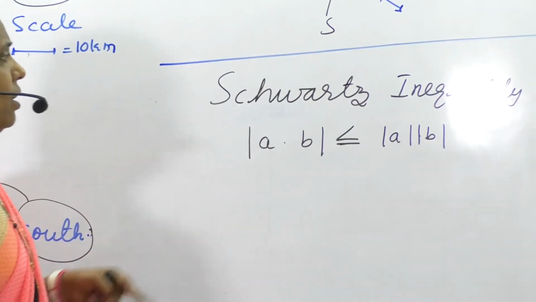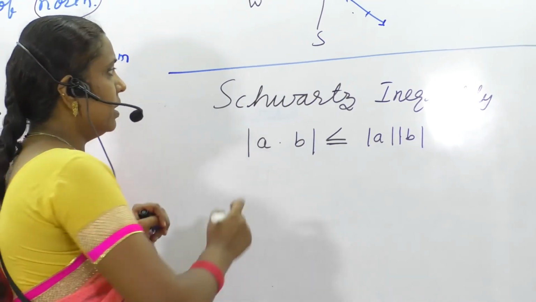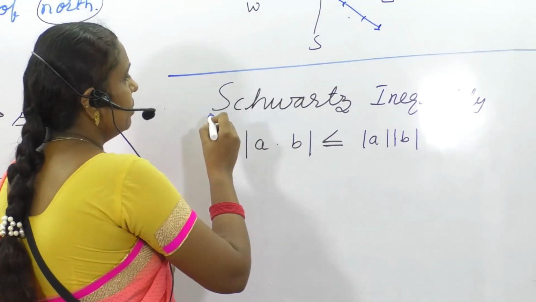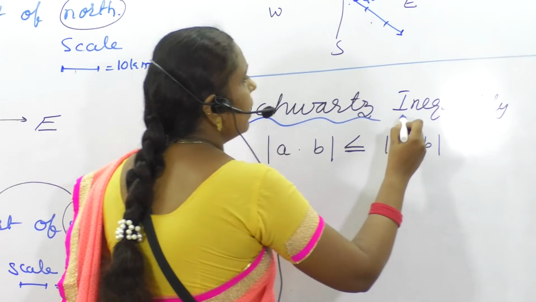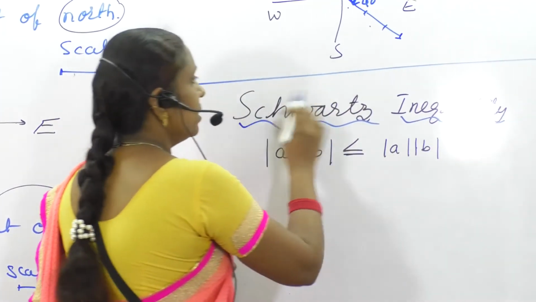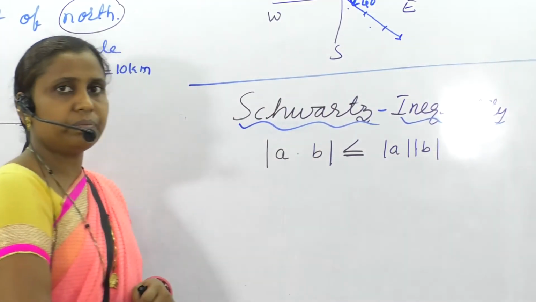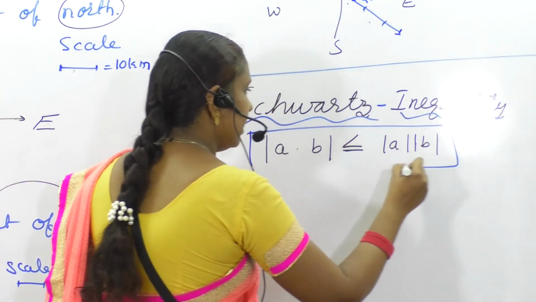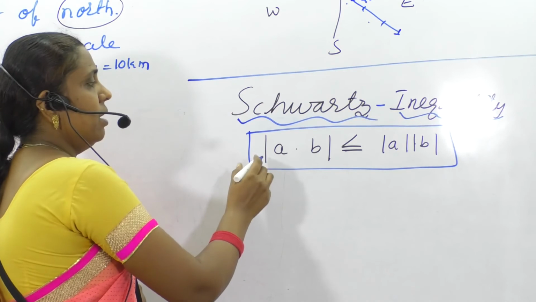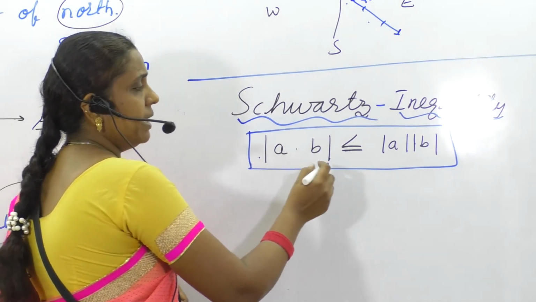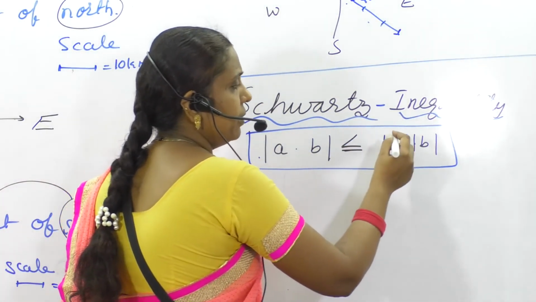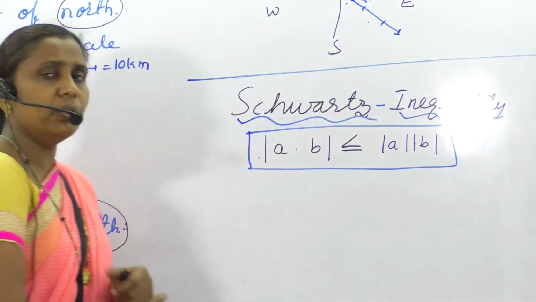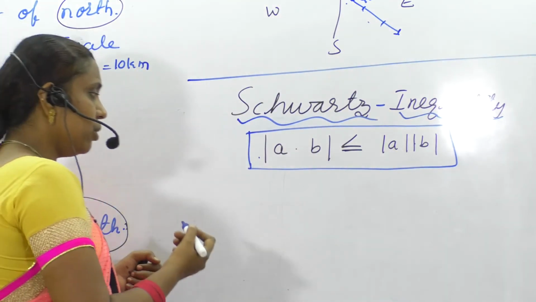Check it here. Now we are going to study a theorem which is called the Schwarz inequality. What is this? Schwarz inequality means always the magnitude of A dot B is less than or equal to the magnitude of A and magnitude of B. So this is what we are going to prove.